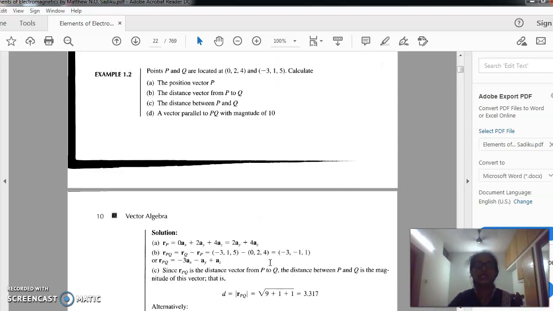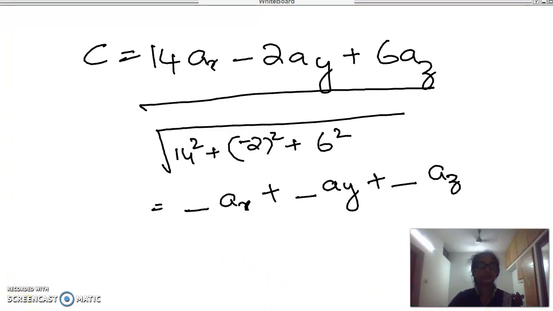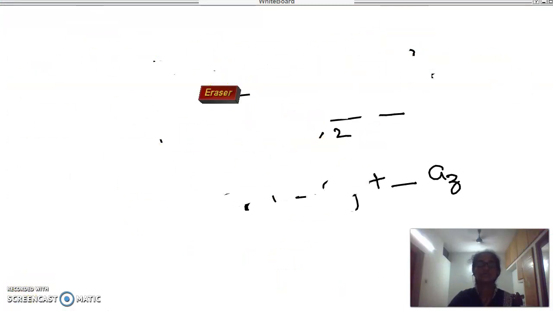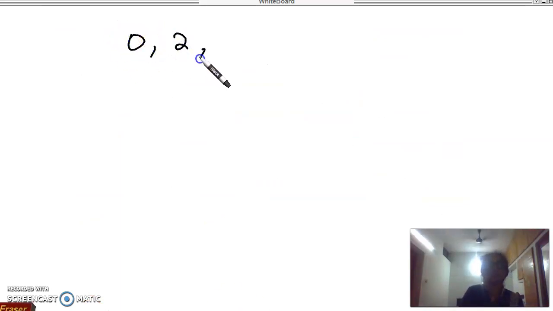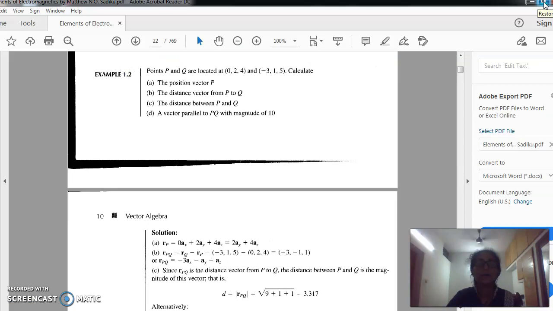Two points P and Q are given as 0, 2, 4 and minus 3, 1, 5. So this is P, 0, 2, 4, and this is Q, minus 3, 1, 5.